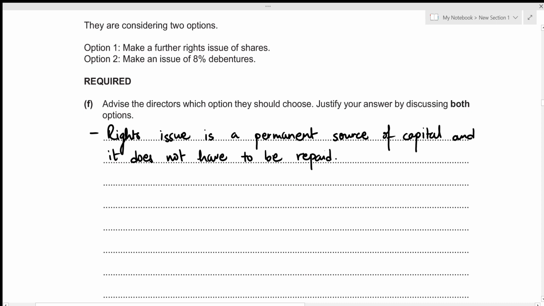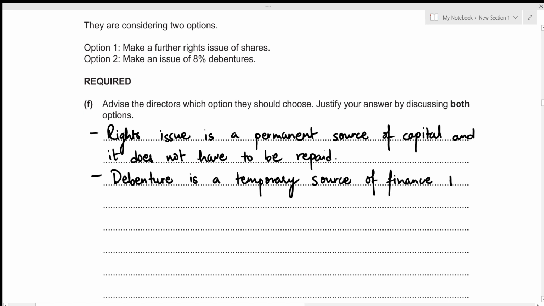Similarly, debenture is actually a temporary source of finance because it must be repaid in the future. Let's write it down as well. Debenture is a temporary source of finance that must be repaid.